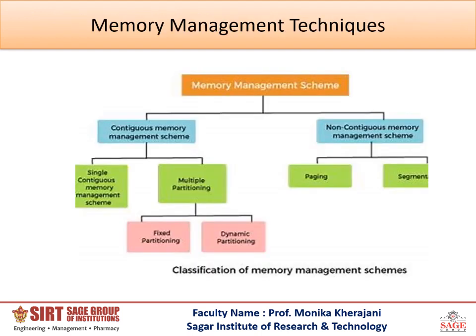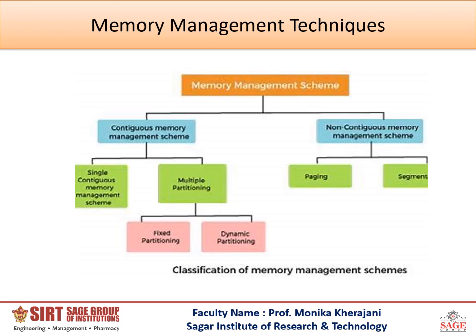As you see in the diagram, memory management techniques are classified into two categories: contiguous memory management and non-contiguous memory management. Contiguous means that whenever a program is going to be executed, the whole program is stored in memory in contiguous form. Contiguous memory is again divided into two categories: single contiguous and multiple contiguous.